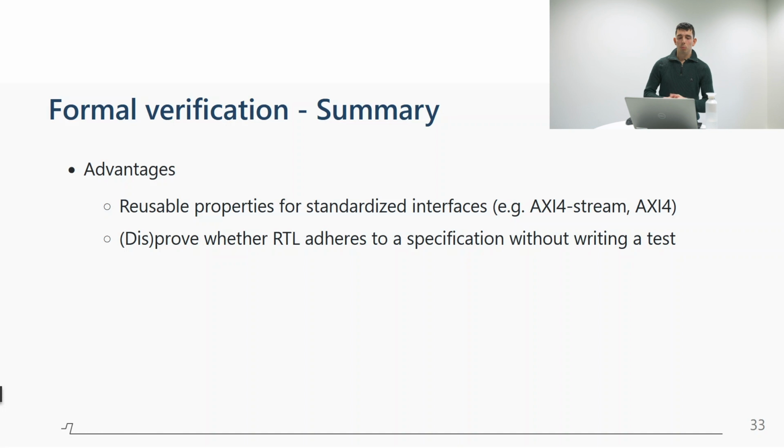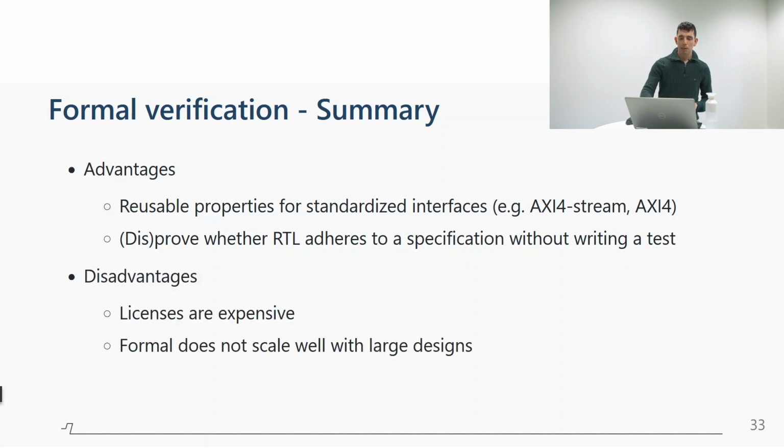So you can prove whether your RTL is according to your specification without even having to write the whole testbench. There are also some disadvantages. The licenses for formal tools are very expensive. And secondly, formal does not scale well with very large designs, because a large design means the state space is very big, and formal tools have some difficulty analyzing this whole state space.